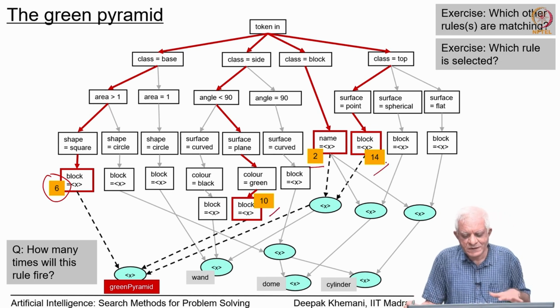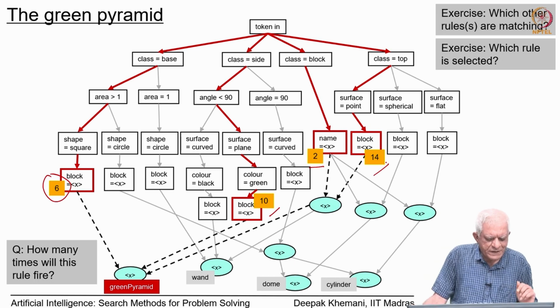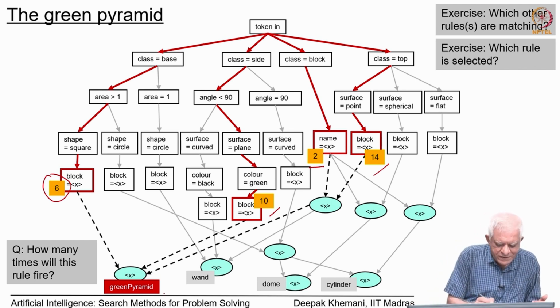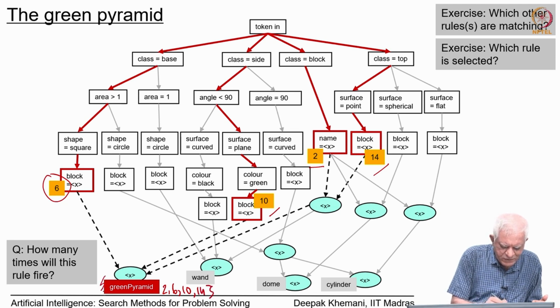Once these 4 tokens are inserted into the system, and they are all talking about the same particular block, where x is the value 2 in this case, if I remember correctly, then the green pyramid rule will be activated. It will go into the conflict set, saying that this rule with the data 2, 6, 10 and 14 has gone into the conflict set.